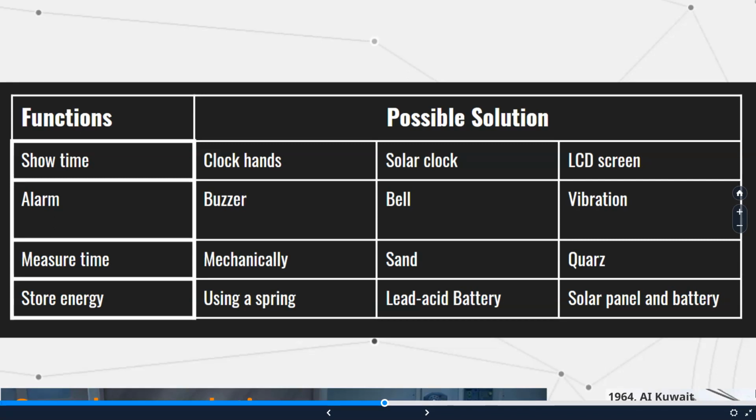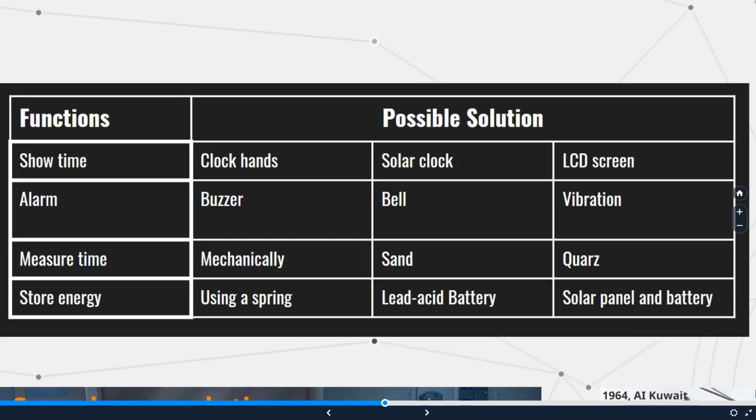For example, to show time, I can use clock hands, I can use a solar clock, or an LCD screen. For the alarm, I can use a buzzer, a bell, or it can vibrate. Also, to measure time, I can do it mechanically with a spring. I can use sand, or I can use quartz. That's also to measure time.